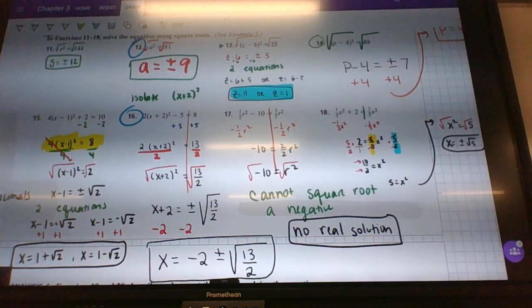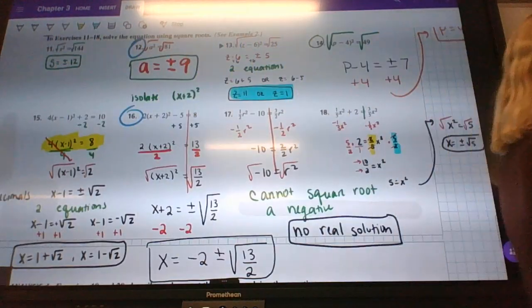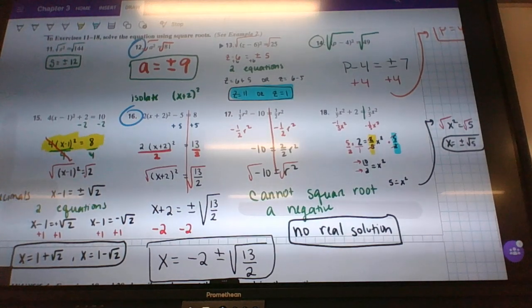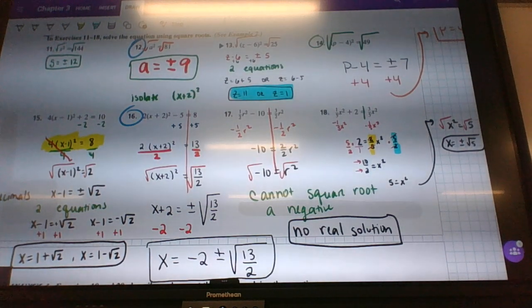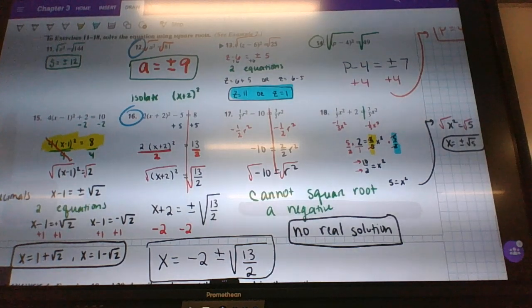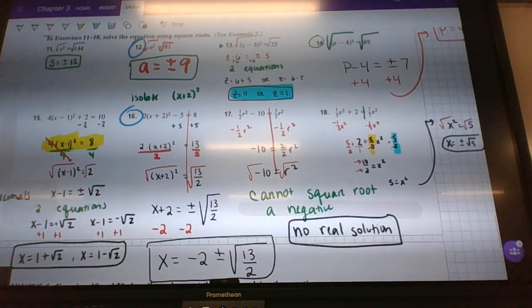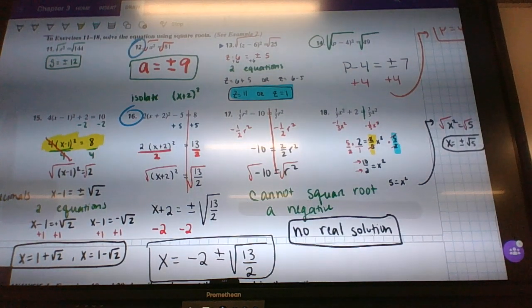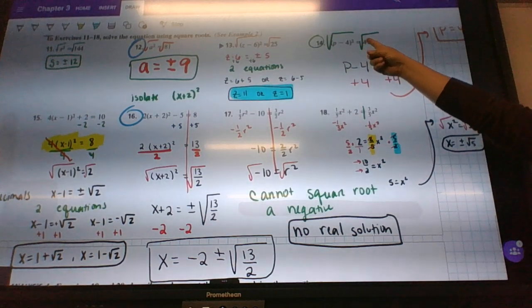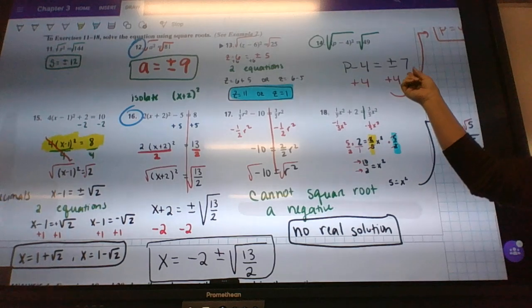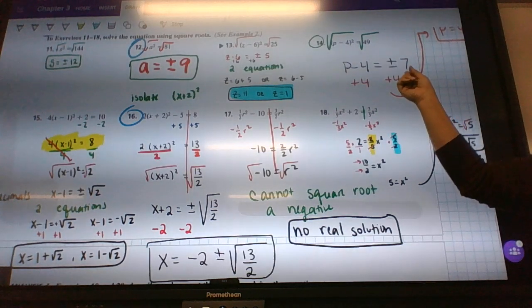Well, good question. If you can square root, like on this one, 49 actually does square root. I was able to make it a regular number without using a decimal.